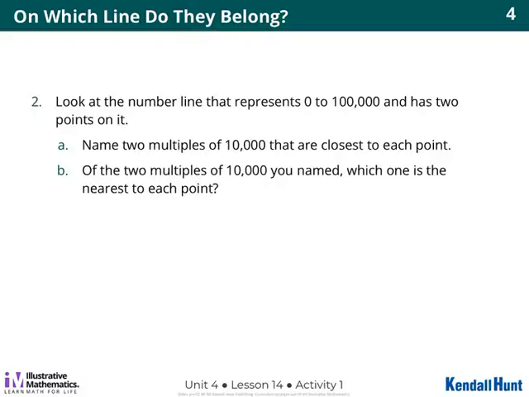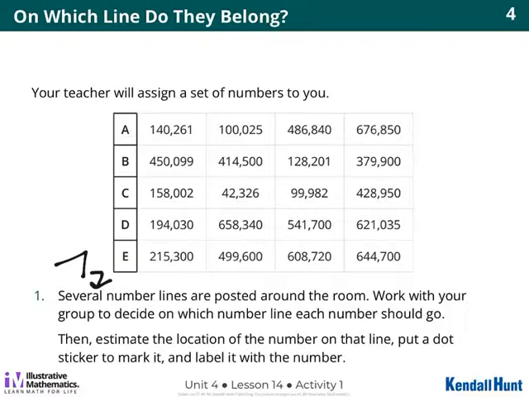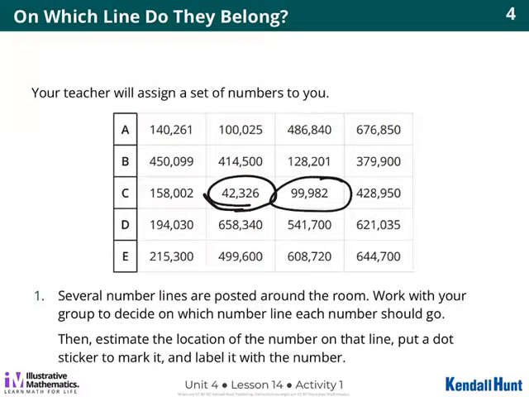Number 2 says, look at the number line that represents 0 to 100,000 and has 2 points on it. So the first thing you had to do was make sure you were looking at the right number line, right? Once we figured that out, it was actually pretty easy. So this point and this point was labeled on there.